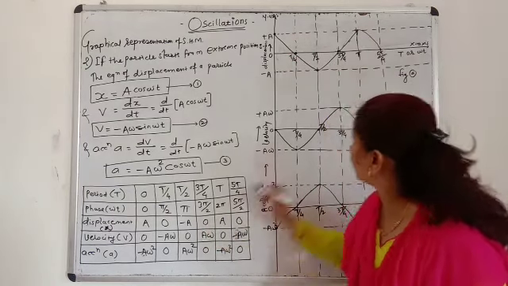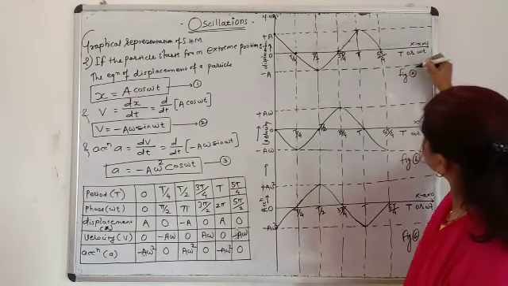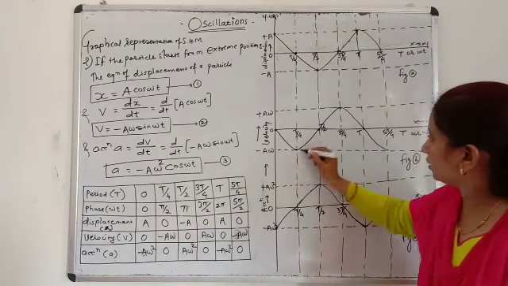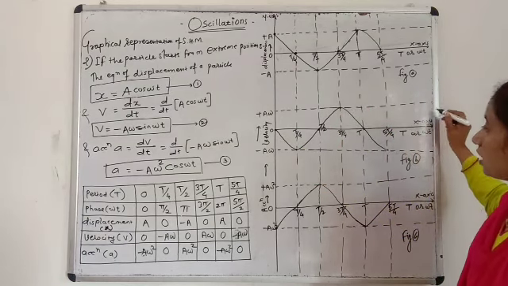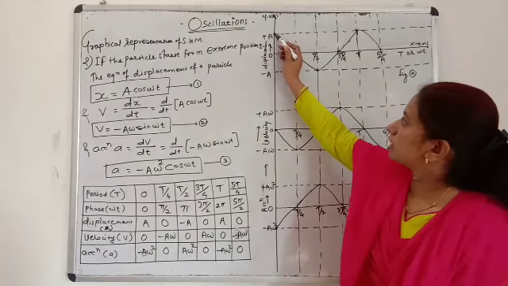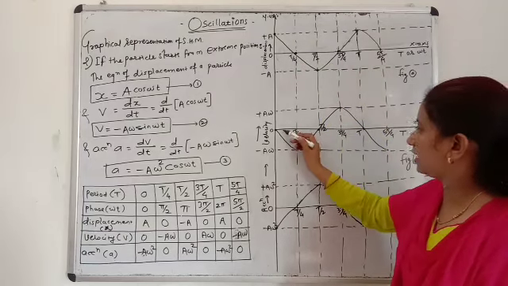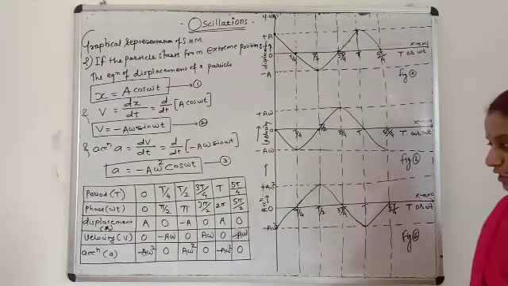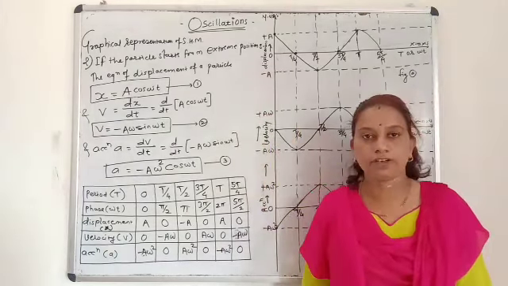Here 2 pi radian. Here also it came up to 2 pi, then the same curve is repeated here. So all the shapes, all the curves are repeated after 2 pi radian here. This is the conclusion from this graph.